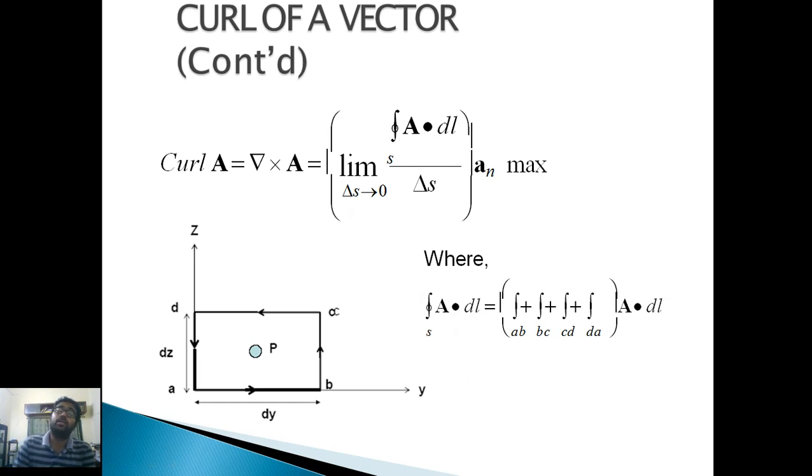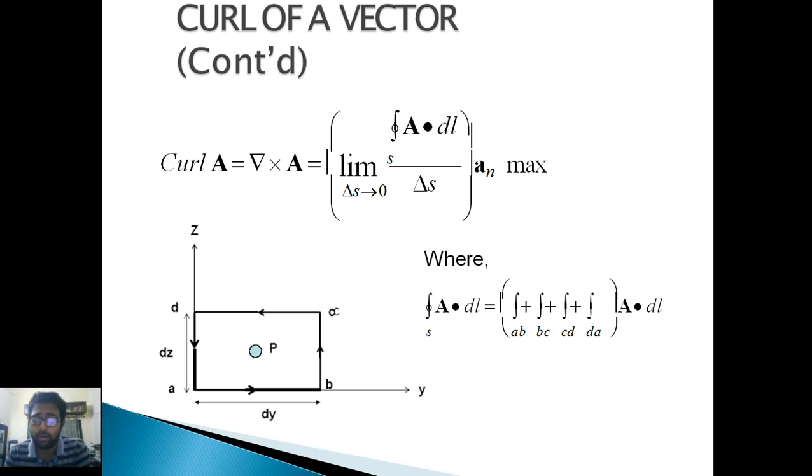The curl of a vector is practically used in a solenoid. In electromagnetism, it has very great use. In the case of a solenoid, we put an element which has a magnetic force, and the vector works as a circulation, and the resultant vector, the curl of a vector, will provide us a vector whose direction is normal to the surface.